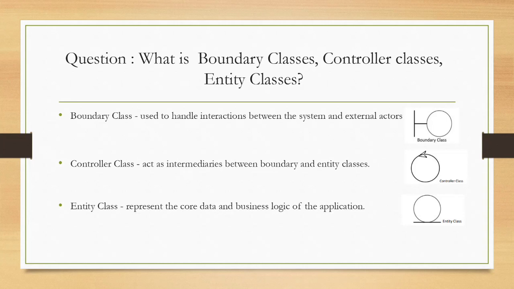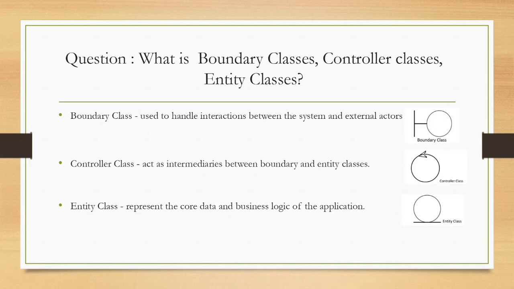In the same way, they are asking about boundary classes, controller classes, and entity classes. The boundary class is used to handle the interaction between the system and the external actors. The controller class acts as an intermediary between the boundary and the entity classes.